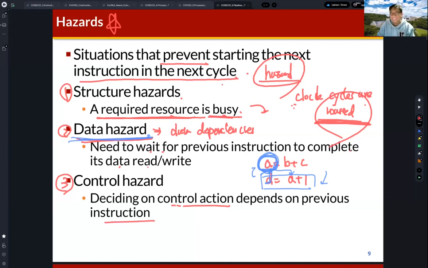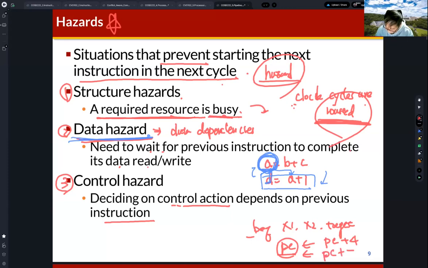What does that mean? Control hazard means that, like PQ, X1, X2, and target. When you execute a branch instruction, then the PC of the next instruction can be PC plus 4 or PC plus target, right?